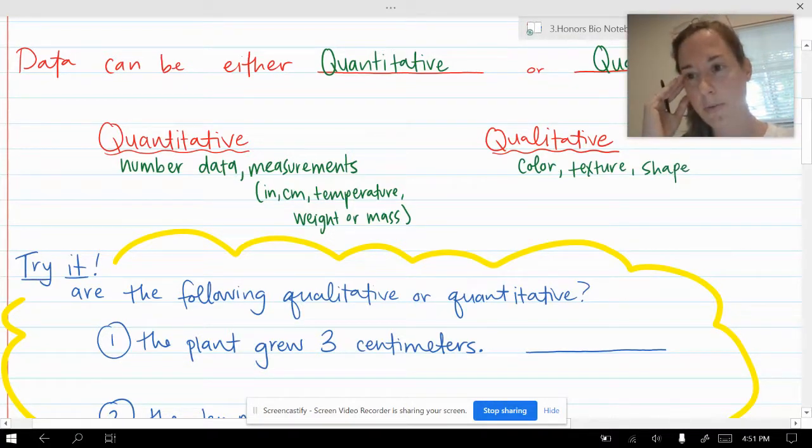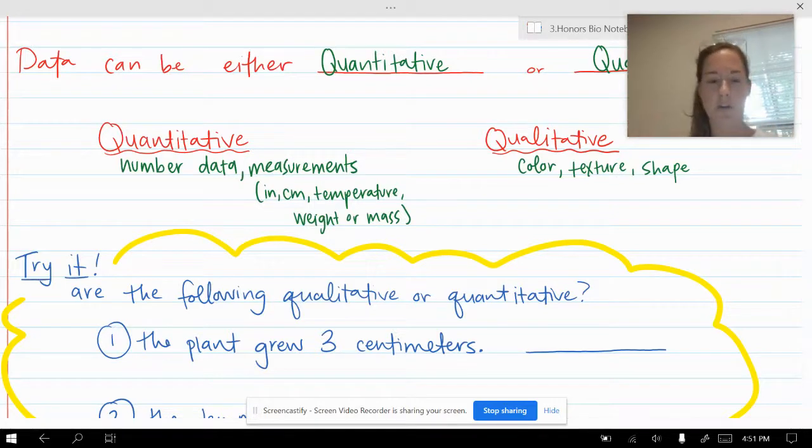Qualitative data is going to be really important later in the year when we actually grow bacteria and we are looking at the shape of the colonies that are growing, the colors of them, textures of them. It's really important for things that you can't quite measure with numbers, or you can, but it's helpful to also talk about what you're seeing because it helps to identify the different species that you're looking at. Similarly, when we look at microscope data, we will think about qualitative data as well.